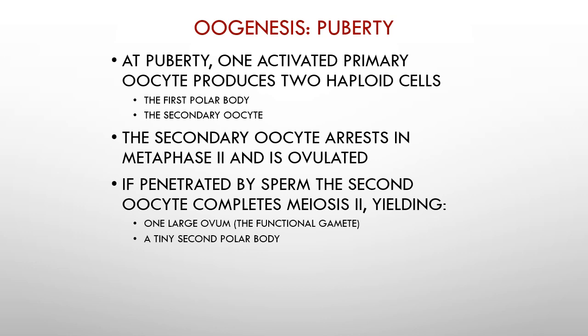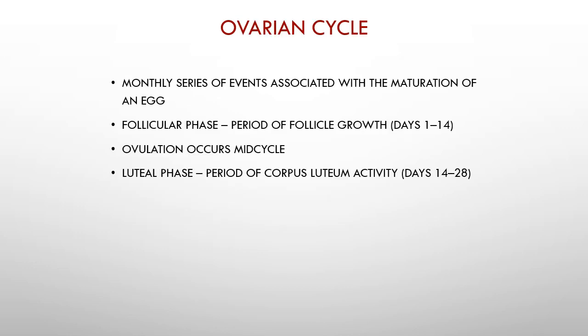With its first cell division, it's going to convert from one cell into two cells. One's going to be smaller than the other. That's going to be our first polar body, and then we're going to have our secondary oocyte from that point on.